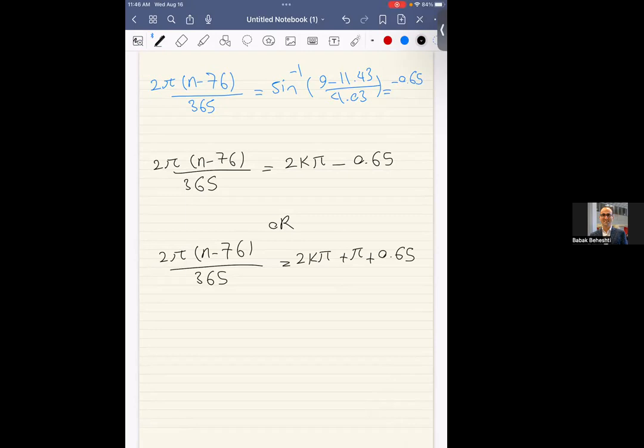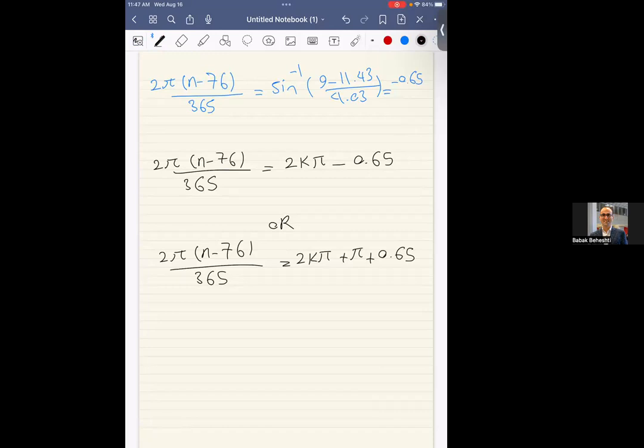I would have the 2k pi, because, for example, when you say sine of some theta is equal to 1/2, just a simple thing, what are the possible thetas? The possible values of theta are pi over 6, 2 pi plus pi over 6, 4 pi plus pi over 6.